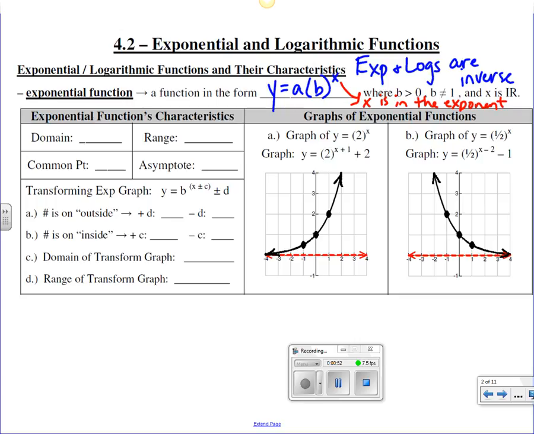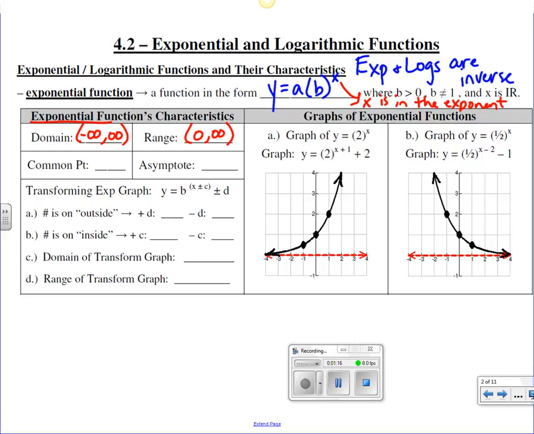So the domain of an exponential is always negative infinity to infinity. And the range for just the normal exponential function is 0 to infinity, but that could change depending on the shifts, up or down, left or right.